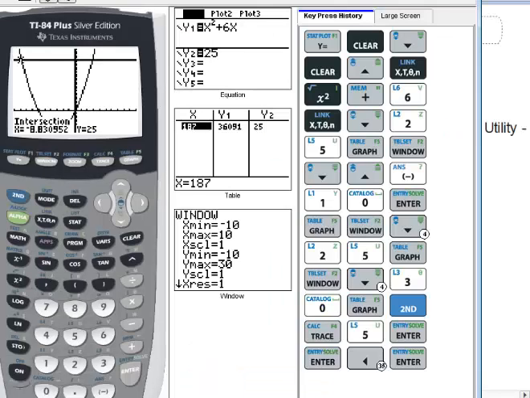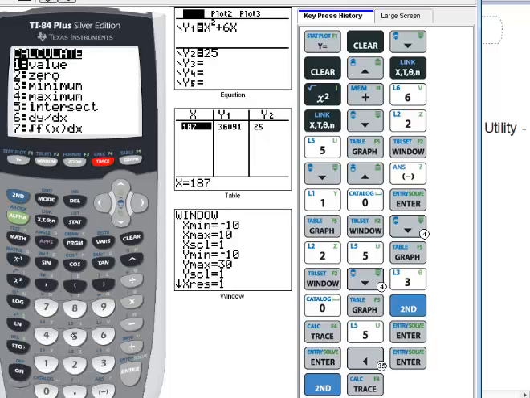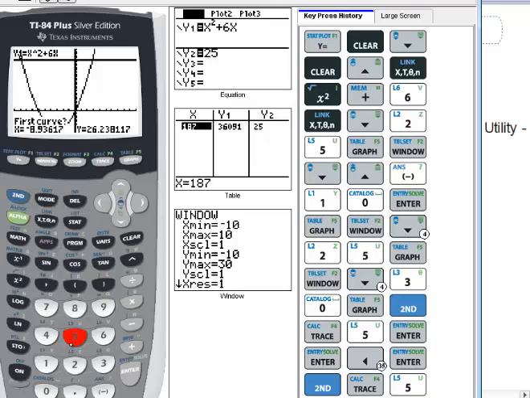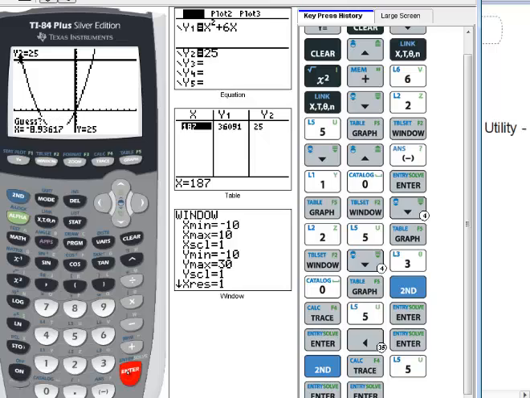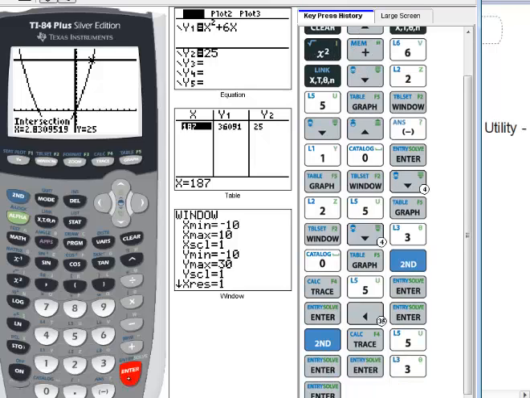And my second intersection, which is the second solution: here I'm going to do calculate intersection again, number 5. And now I'm going to say the first curve will be the quadratic. The second curve will be 25. But now when I do my guess, notice I'm at 1, 2, about 3. So I'm going to just type in 3 so I don't have to hit the arrow all the time.